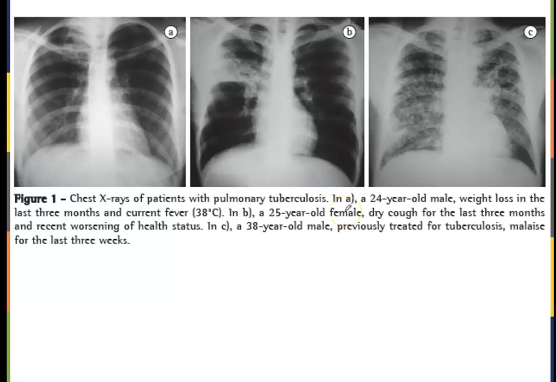She had a dry cough for the last 3 months and worsening health status. And then this guy was previously treated for tuberculosis, but you can still see that his lungs are not clear of growth. It can also cause some scar tissue to build up. So this is the lung of somebody who has been previously treated, but you can see it encompassed a lot more of his lung than over here.